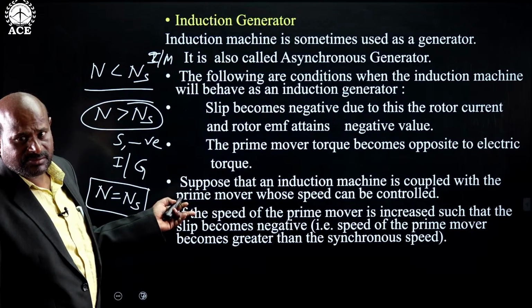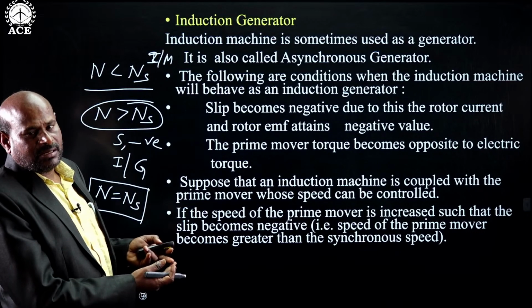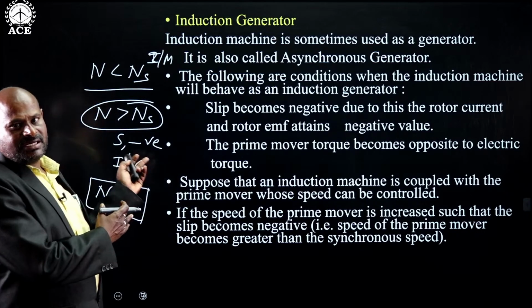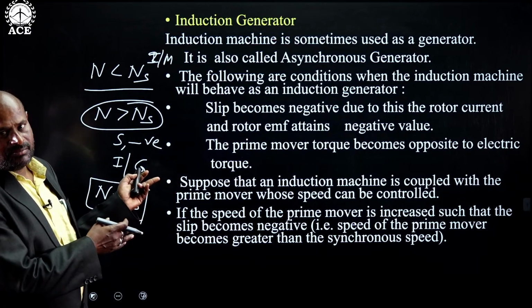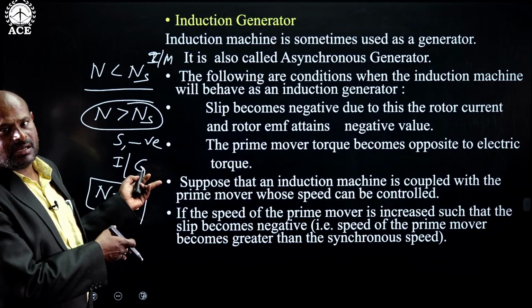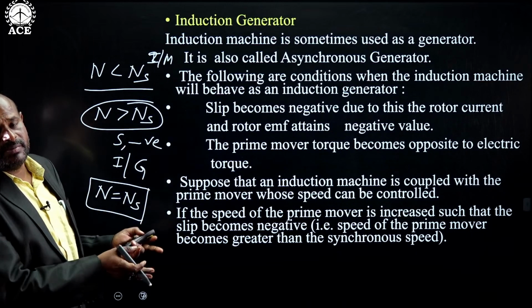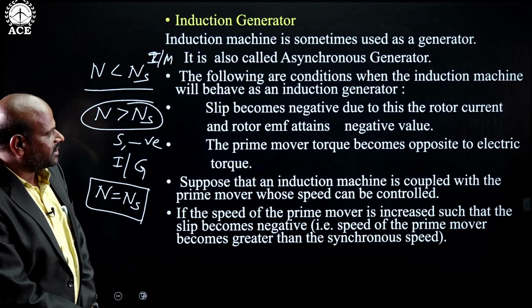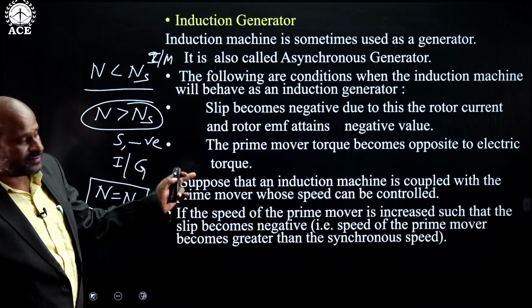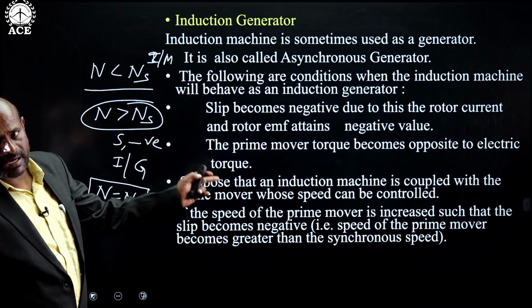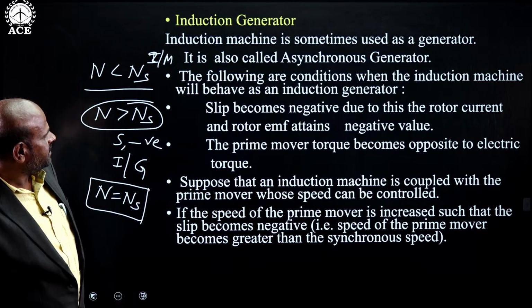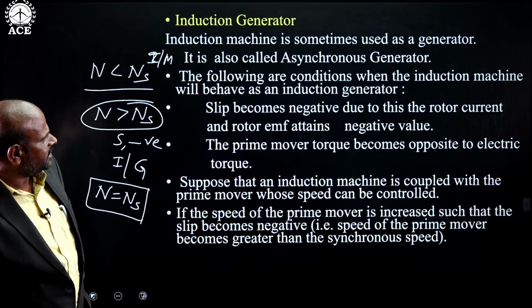Reverse direction means power goes from load to source. Now the stator windings will act as a source, and EMF will be induced in the stator windings. So that's why here the machine is transferring the power from mechanical to electrical. So that's why it is acting as a generator.